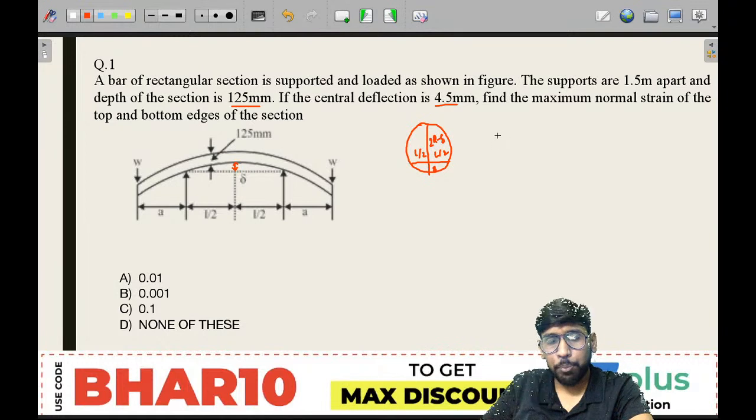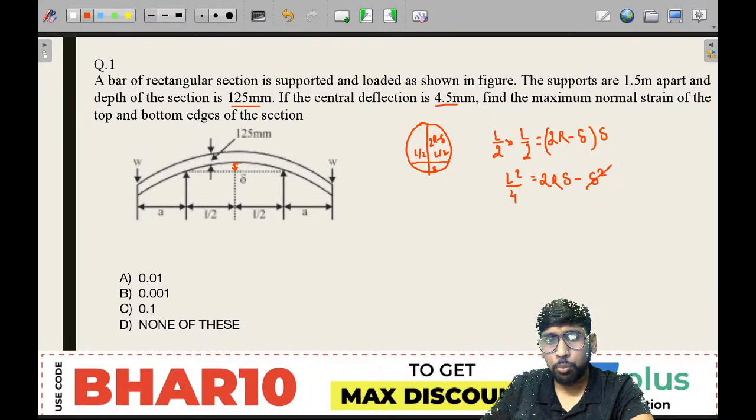From the circle property, we can write L by 2 into L by 2 is equal to (2R minus delta) into delta. So this becomes L square by 4 is equal to 2R delta minus delta square.